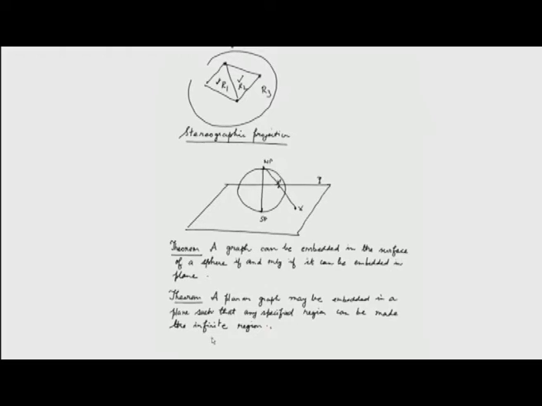Now, we are in a position to start looking at a surprisingly elegant theorem by Euler, which connects the regions, number of vertices and edges in a planar graph. So, this is called Euler's formula.